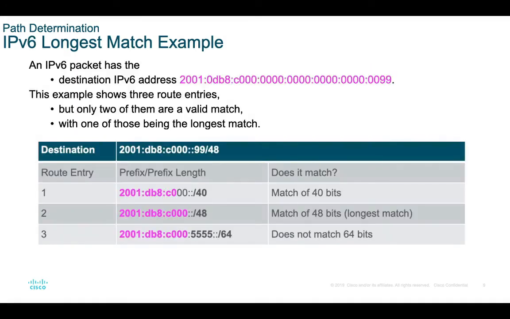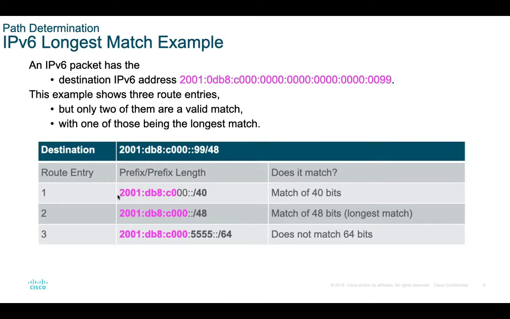As for IPv6, let's take a look at this example. Our destination IP address, where I put all the 0s here, is 2001:0db8:C000::99. All the double colons here, I put all the 0s because we would like to try to match. So take a look at the entries that we have.